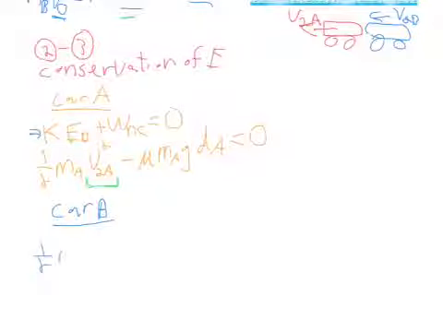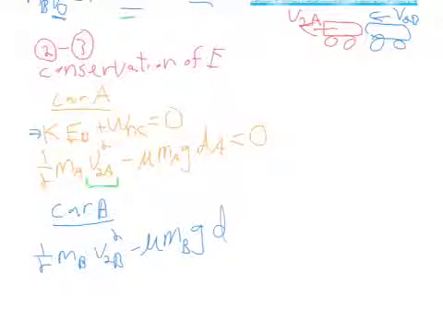So we have 1/2 mB times V2B squared minus mu times the normal force, which is the weight because it's on flat level ground, so that's mB times g, times its distance dB, equals 0. Once again, you can solve for V2B.